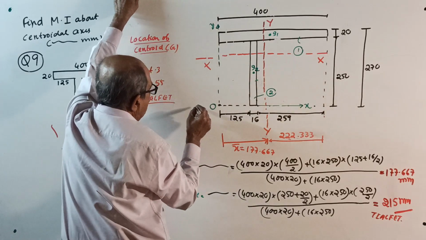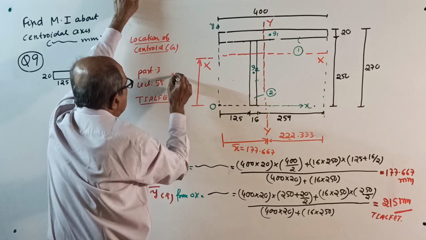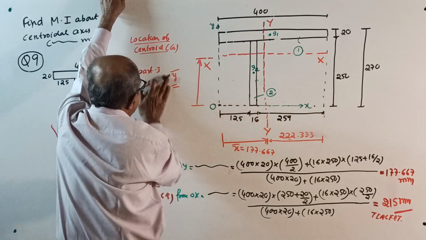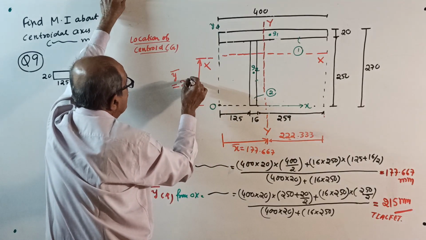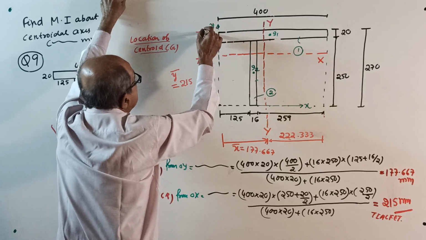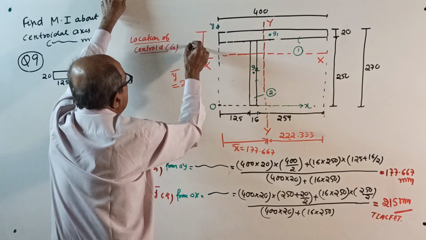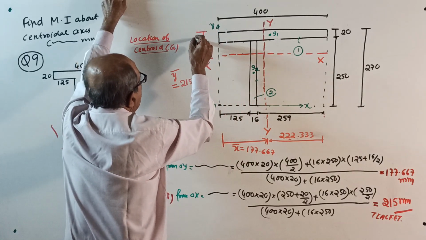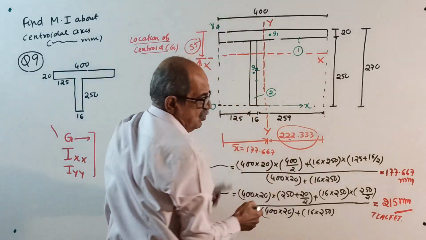X axis. From here we got Y bar equal to 215. If this is 215 millimeter, from the top edge it will be 270 minus 215, which is 55. Calculated value is not given. Okay, over.